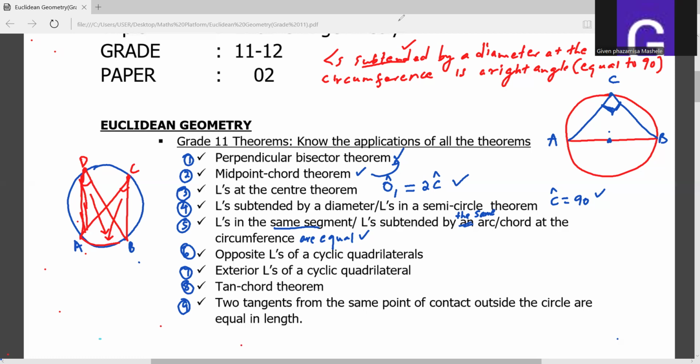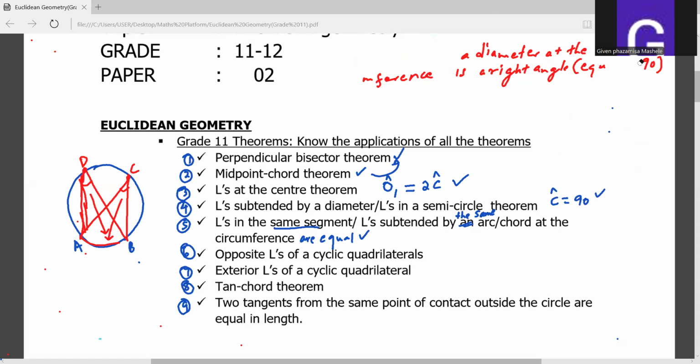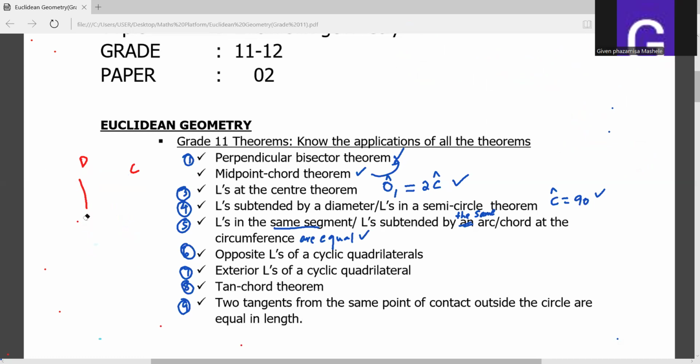Right. Now we're going to move on to Theorem 6, which is the opposite angles of a cyclic quad theorem. According to Theorem 6, the opposite angles of a cyclic quadrilateral are supplementary.